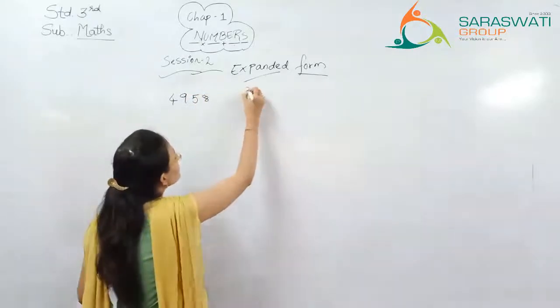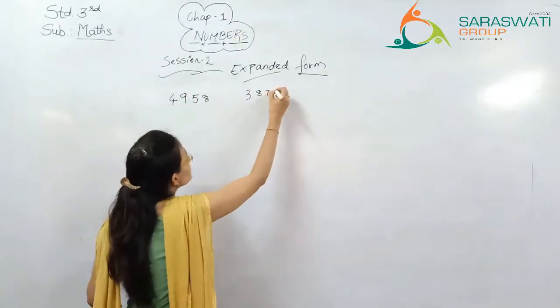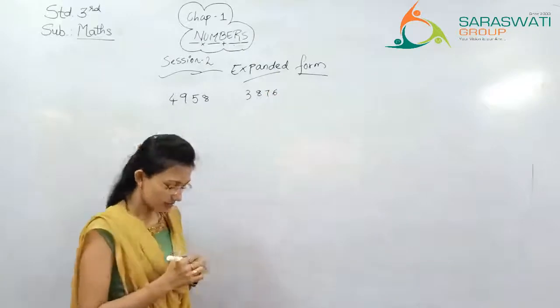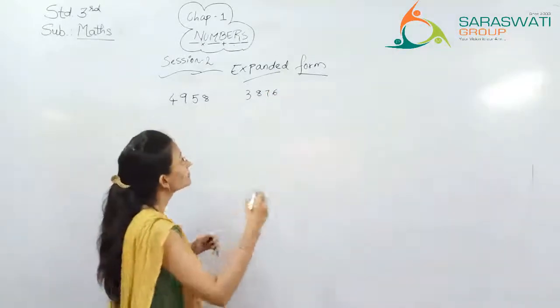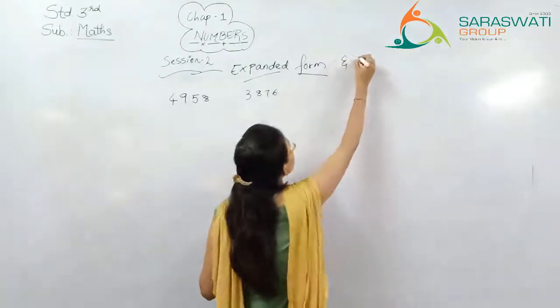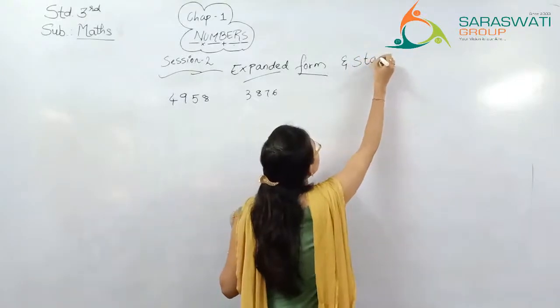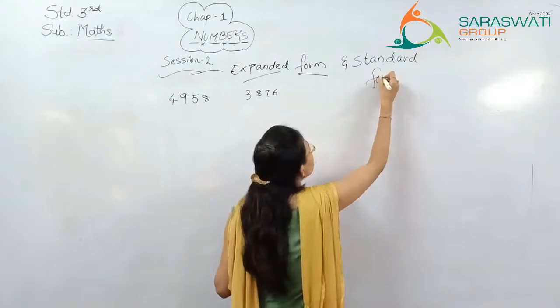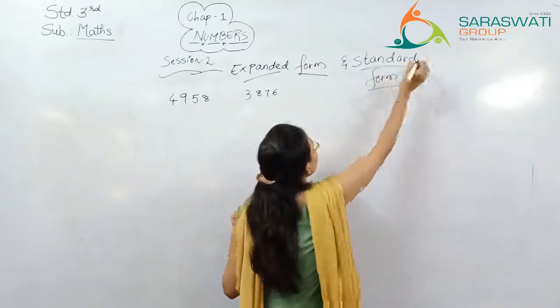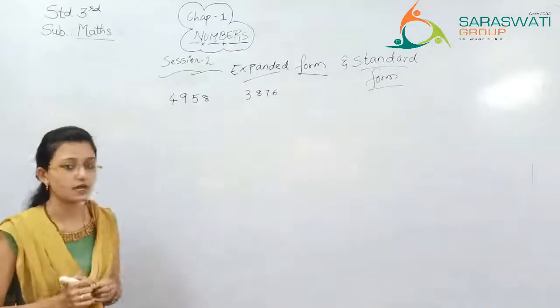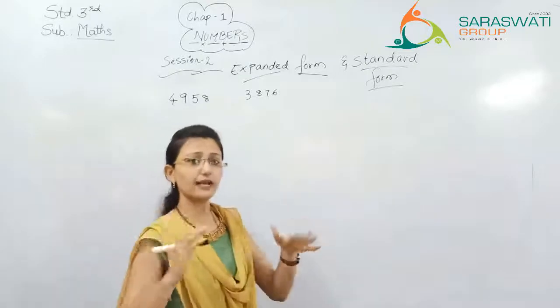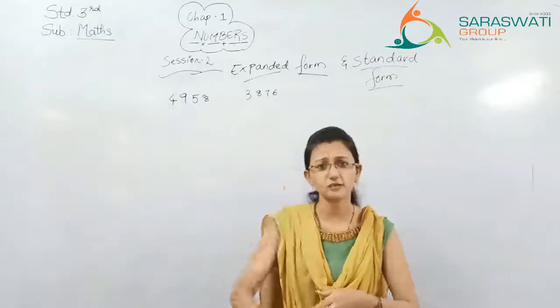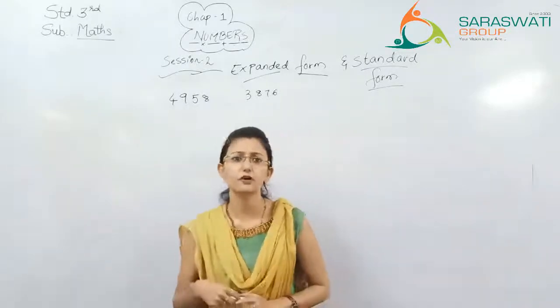Next one, 3876. These are the two numbers, expanded form as well as standard form. Expanded form and standard form. Can you guess anything? What is expanded form and what is standard form?